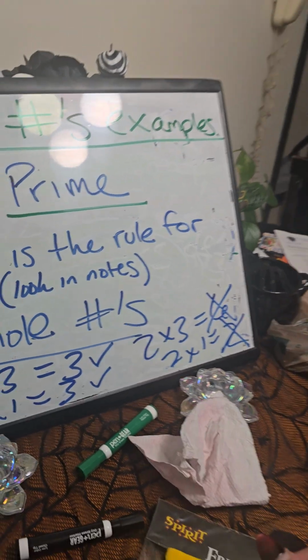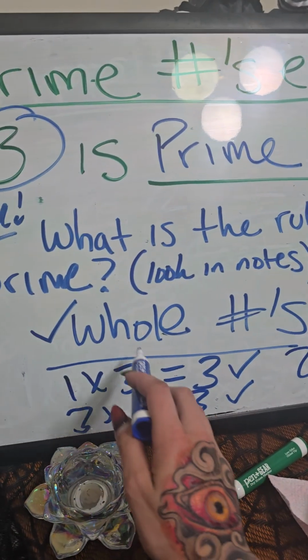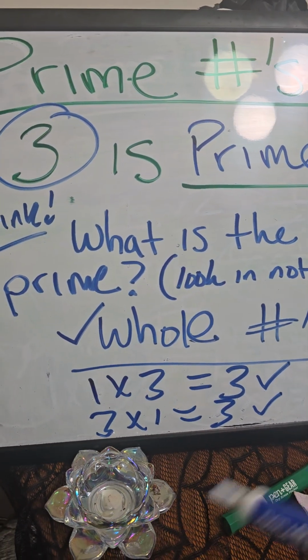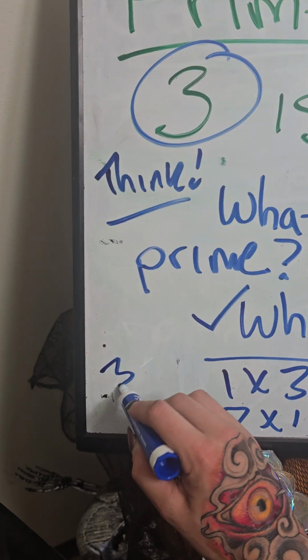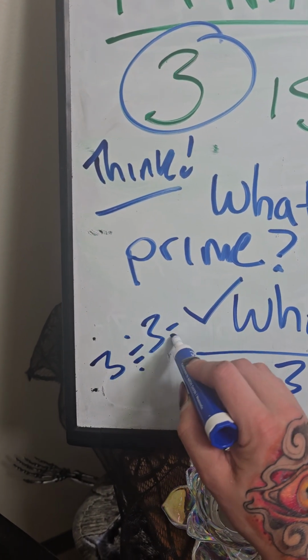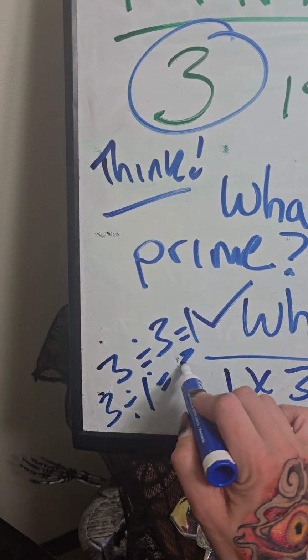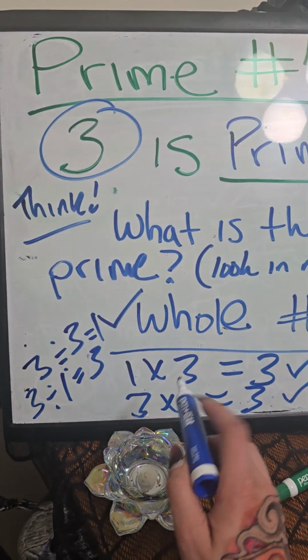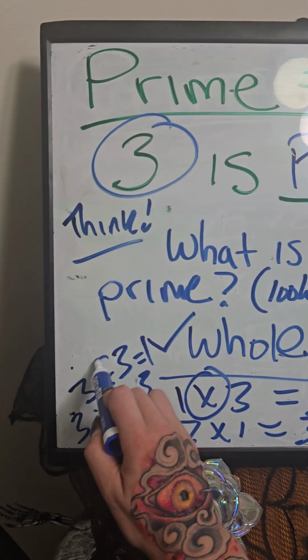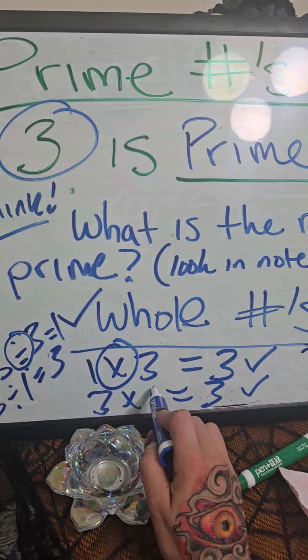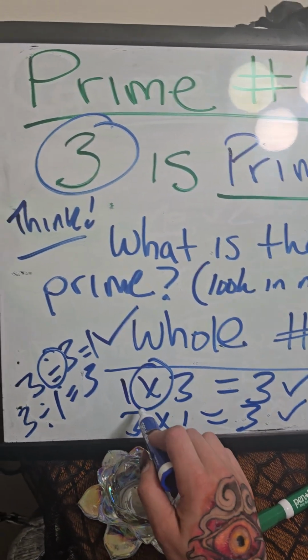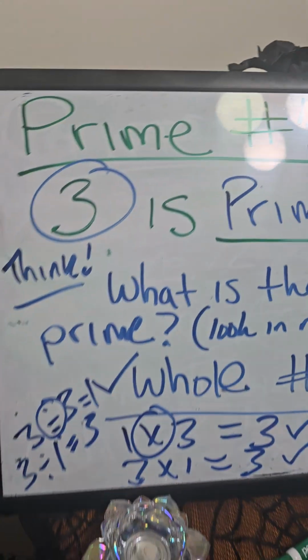No. So that means I can only multiply 1 and 3 or divide. If I did division, it'd be 3 divided by 3 equals 1, or 3 divided by 1 equals 3. I can only multiply or divide by 1 and itself, which in this case is number 3.